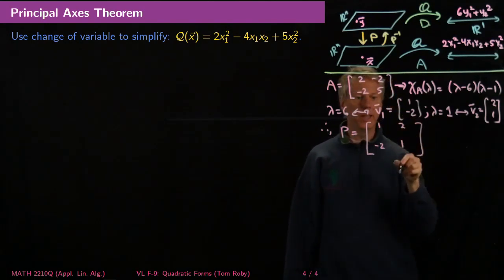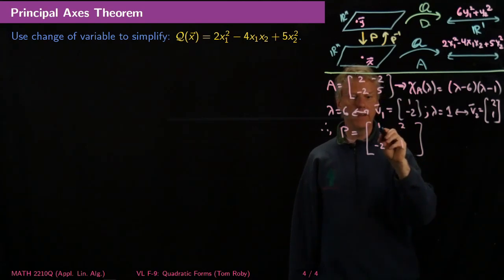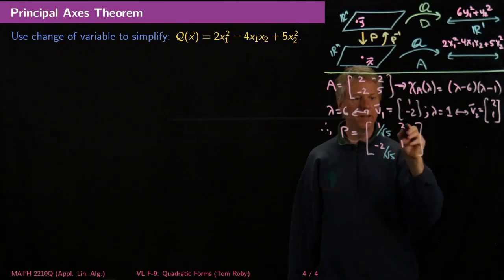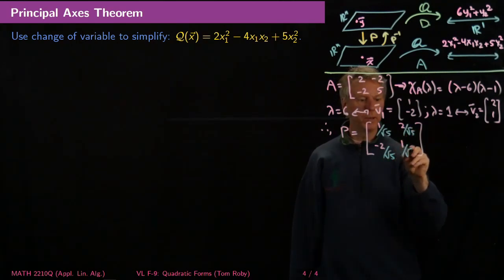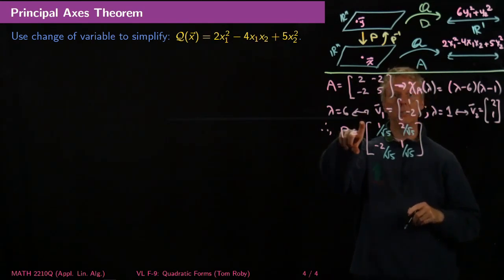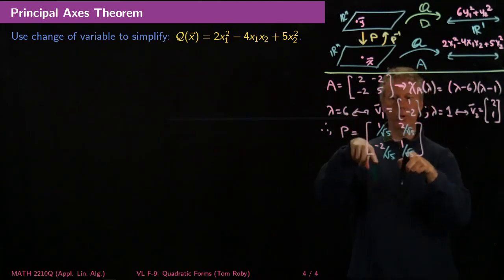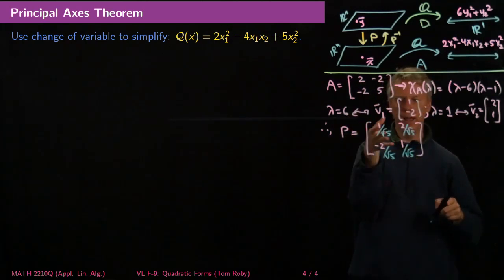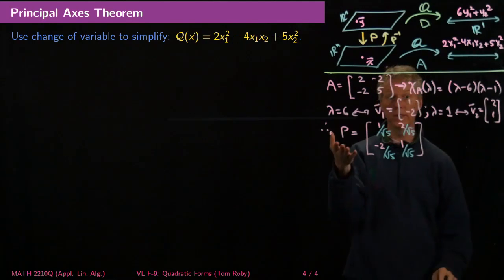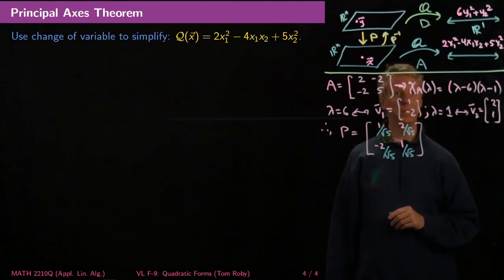That means I need to divide by the length of these vectors. Here I'm lucky in that both vectors have length square root of 5, so I just divide everything by the square root of 5. I probably could have put 1 over the square root of 5 out in front of the matrix, which would have been easier to read. But I wanted to make sure you understand that these vectors are now orthonormal. They're each unit vectors, and their dot product is 0. So this is a matrix whose inverse is its transpose, which makes computing its inverse super easy.